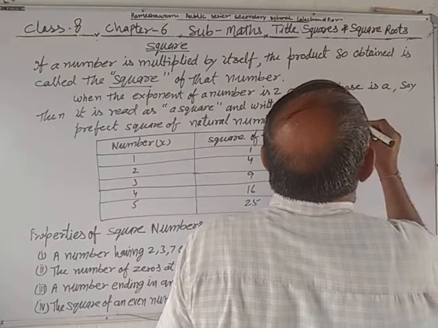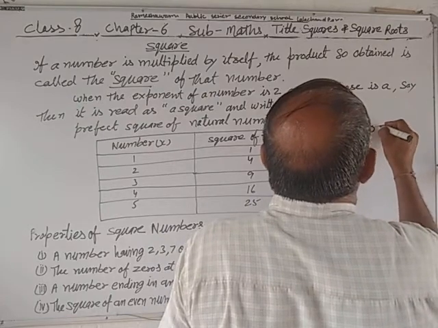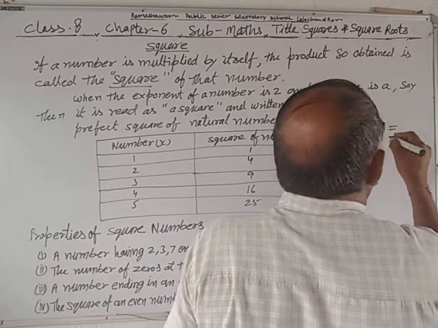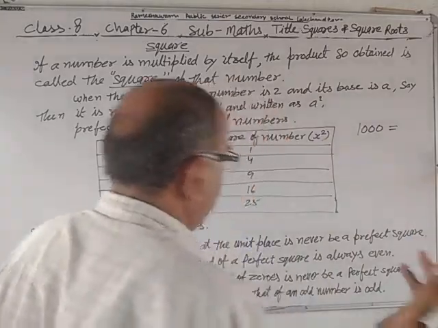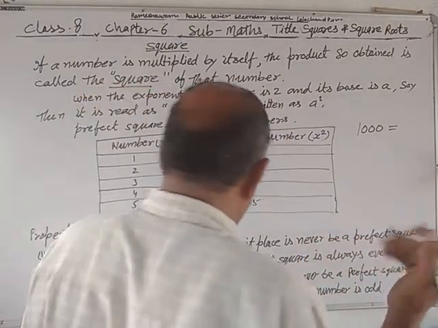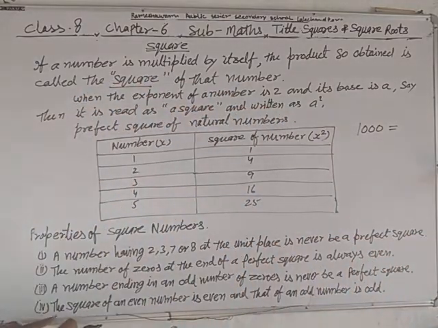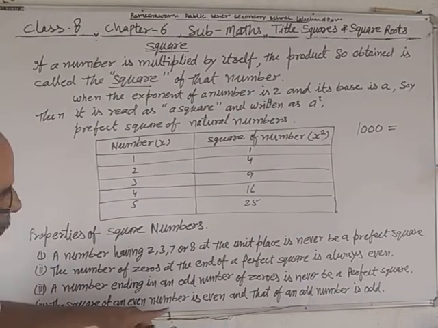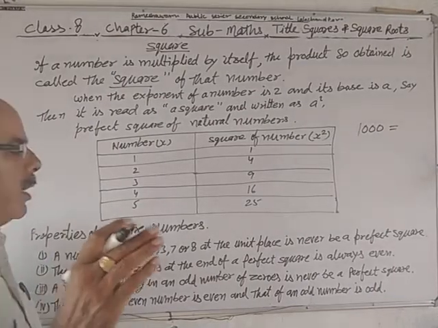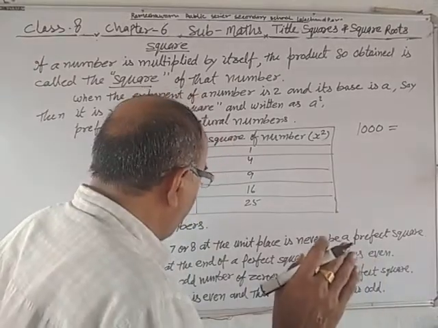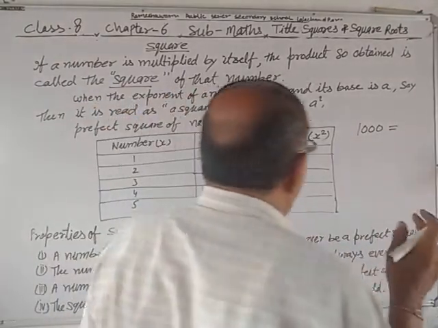For example, it is not the perfect square of any number. The square of an even number is even and that of an odd number is odd.